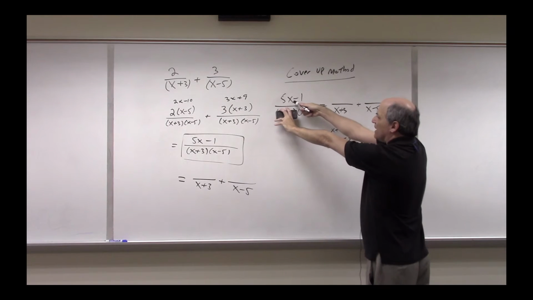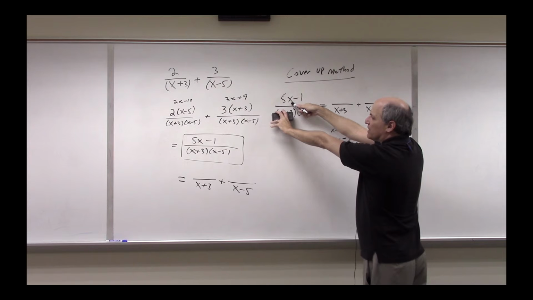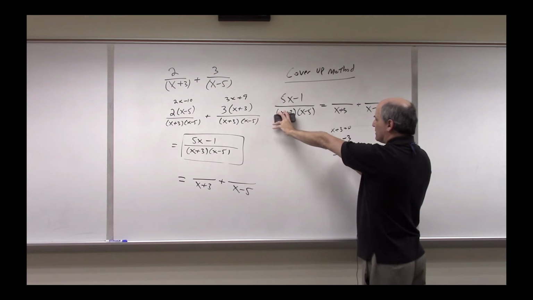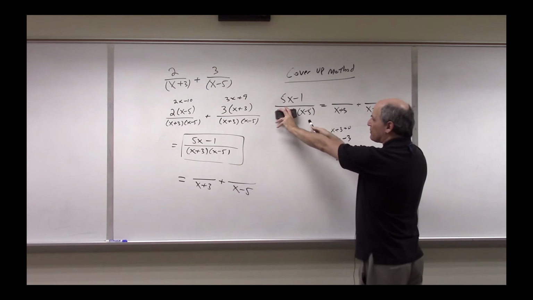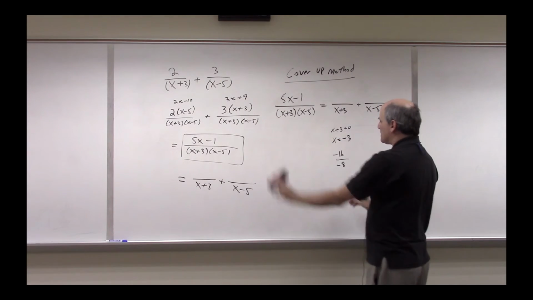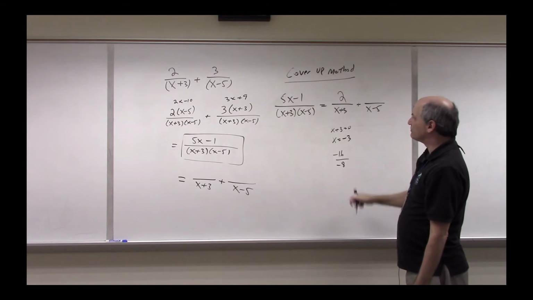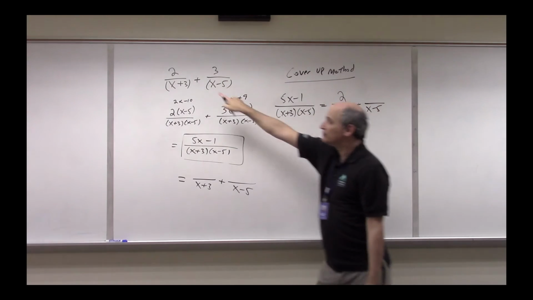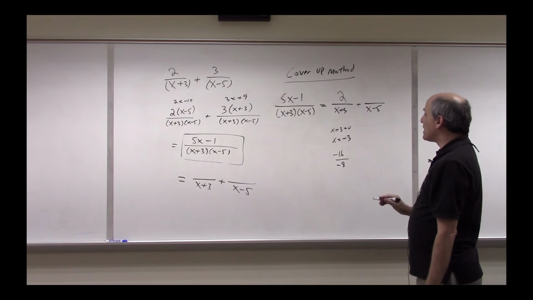If I plug negative 3 in here, 5 times negative 3 is negative 15, minus 1 is negative 16. If I plug negative 3 in the bottom, negative 3 minus 5 is negative 8. Negative 16 divided by negative 8 is 2. Notice it works.